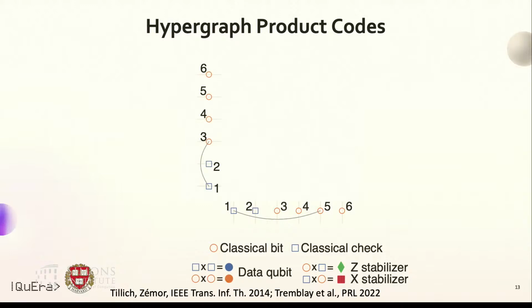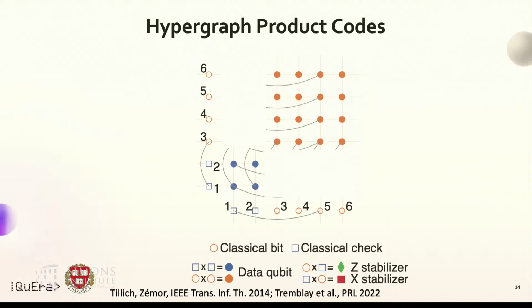For the hypergraph product construction, we're going to take two classical codes and then take some type of product between them. The first thing to specify is where the data qubits are. The data qubits lie on the intersections of a classical check on one side and a classical data bit on the other side.